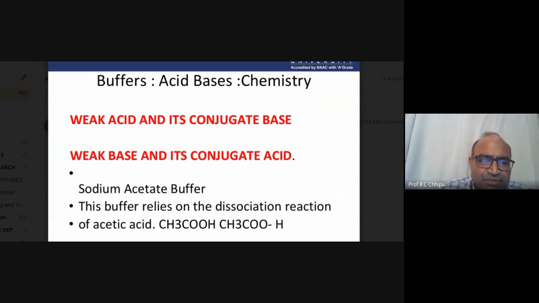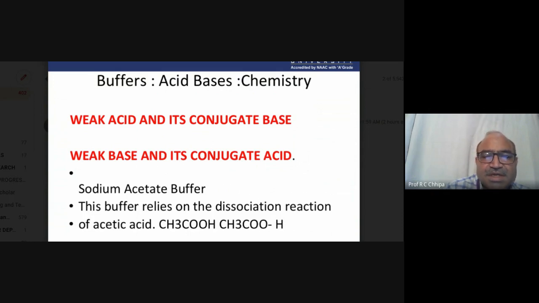Before that, we have to come to another important concern, which is weak and strong acids and bases. What do you mean by weak acid and weak base? Which one will be the strong acid and which the strong base?